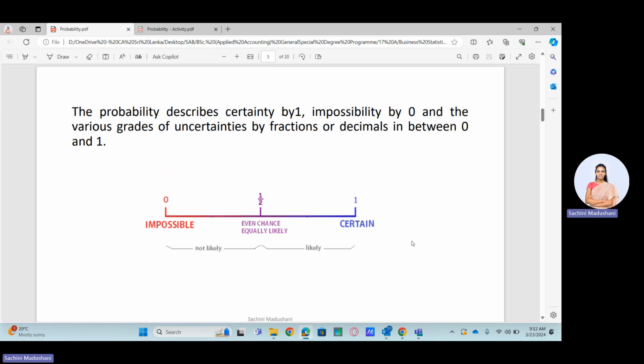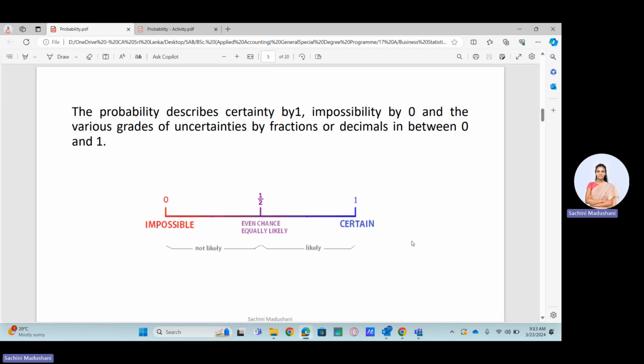We cannot get a negative value for the probability, and we cannot get a value greater than 1. The range is 0 to 1, which means we can get decimal values or proper fractions. We can get only proper fractions.